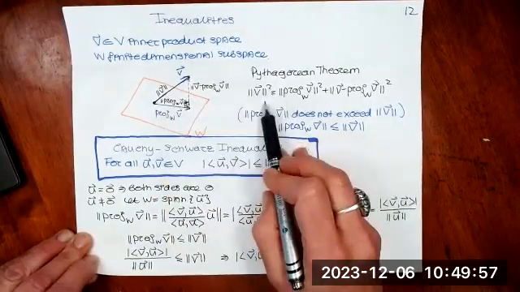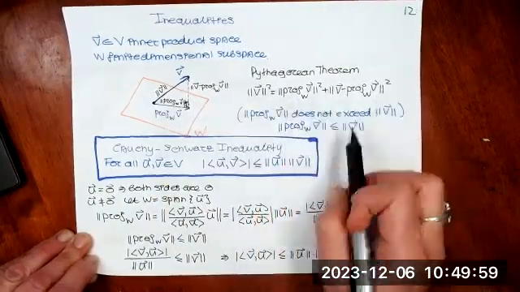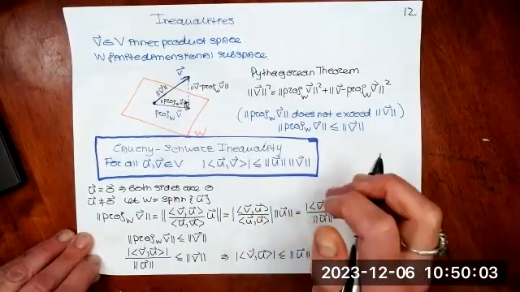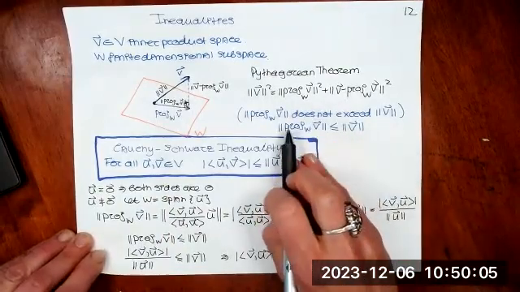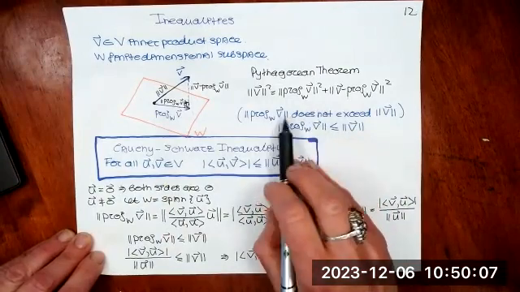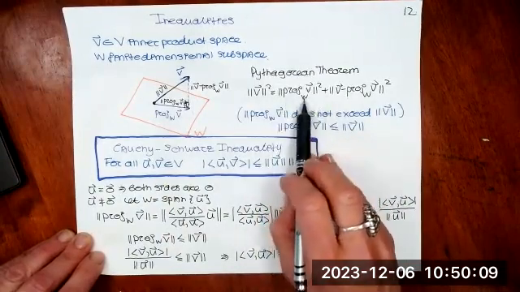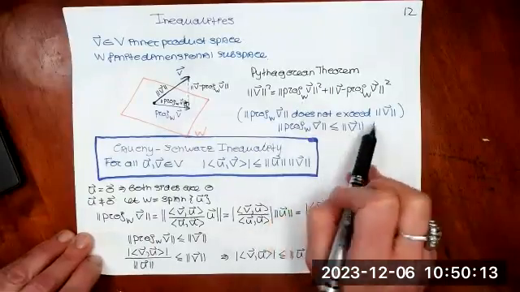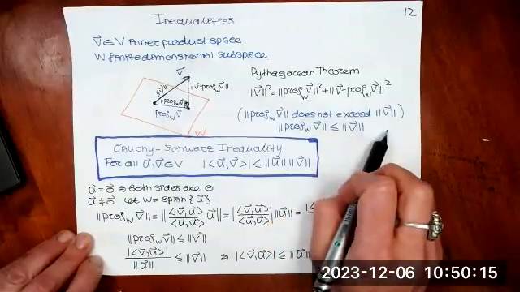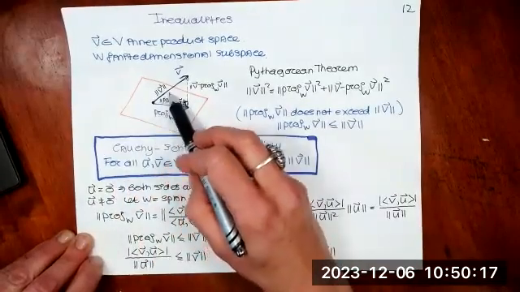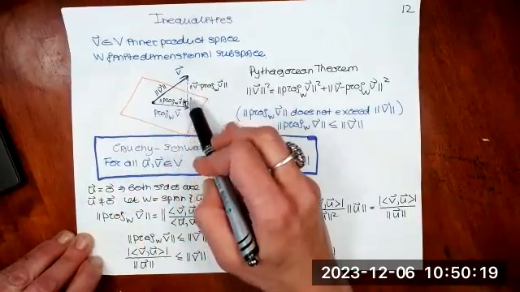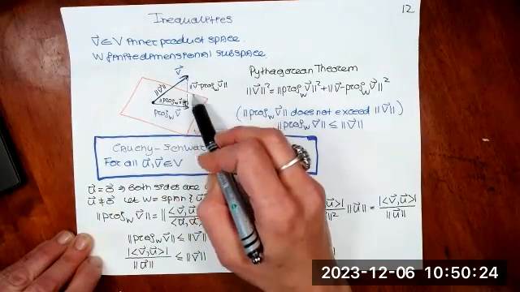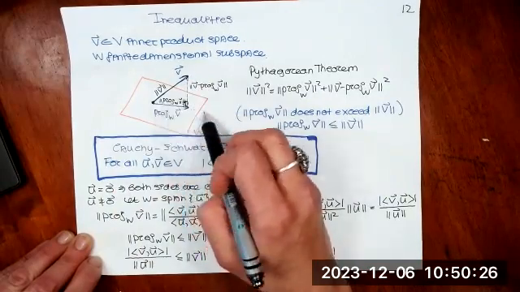Another thing this tells me is that the projection of V onto W can't ever exceed the length of V itself. If you look at it, V here is much longer. The projection is always going to be shorter, or if V lies in W, then it would be the same length.